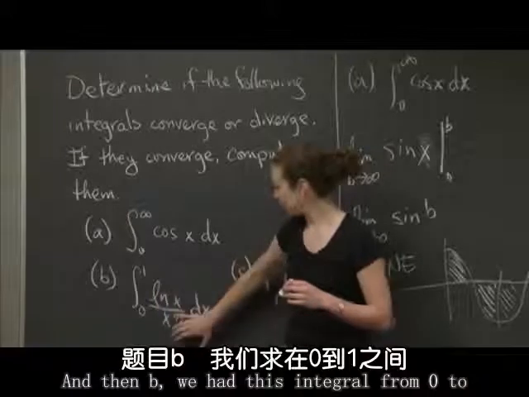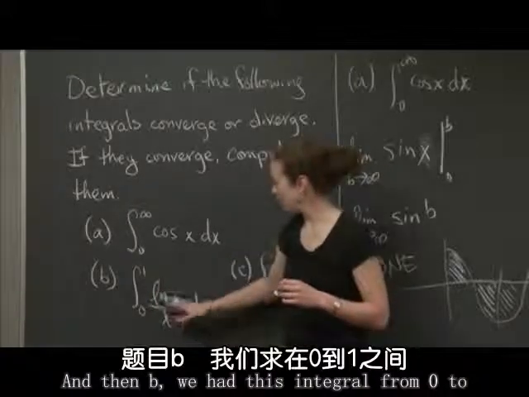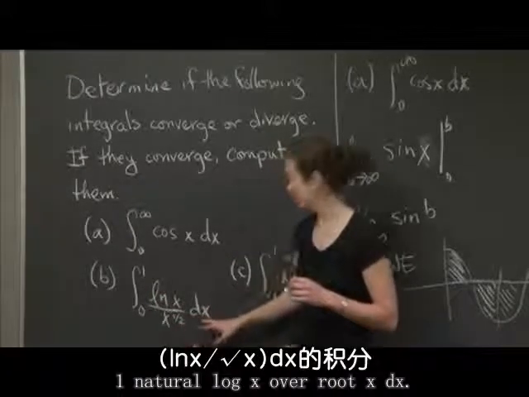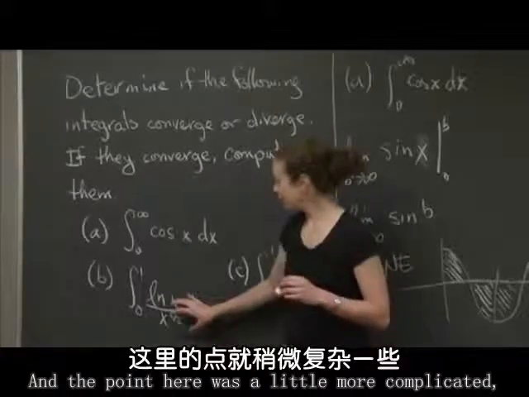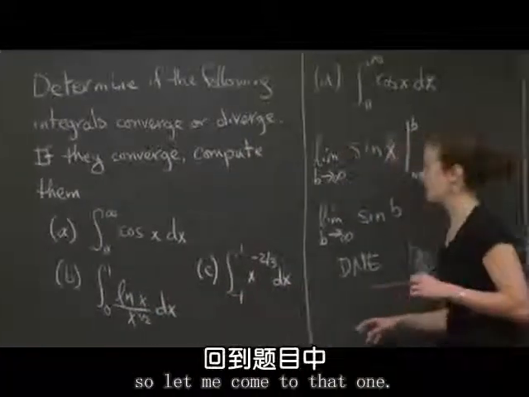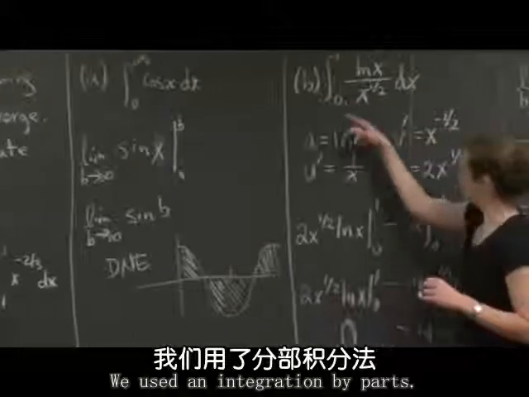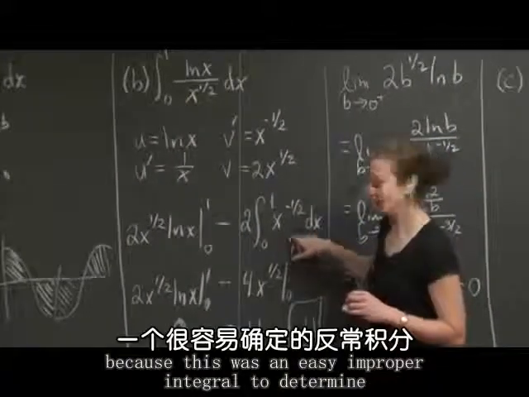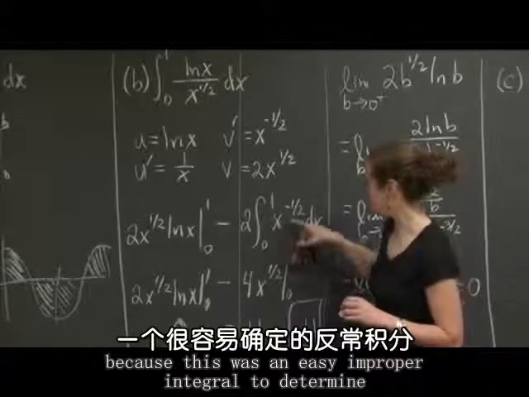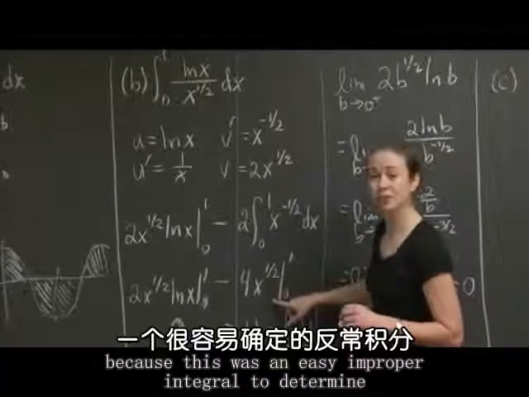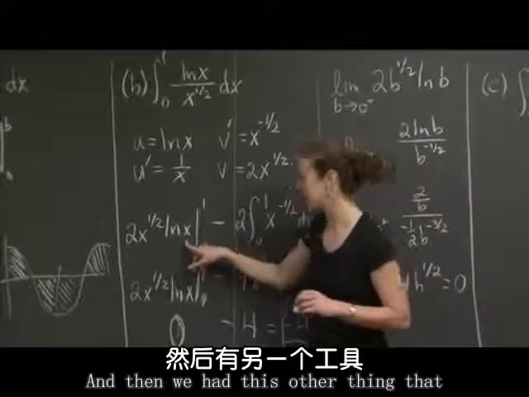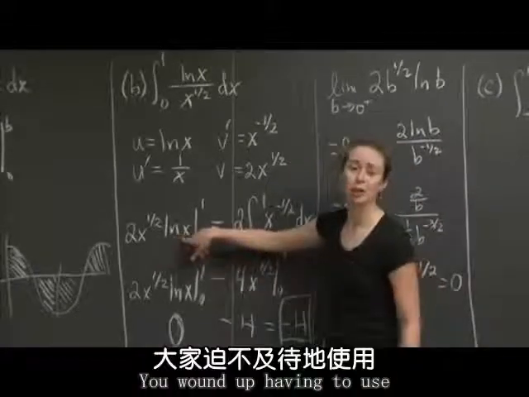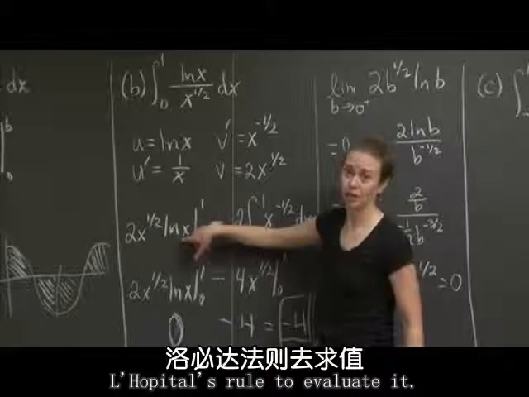And then b, we had this integral from 0 to 1, natural log x over root x dx. And the point here was a little more complicated, so let me come to that one. We used an integration by parts. We had an integral that converged easily because this was an easy improper integral to determine. And then we had this other thing that we now had to evaluate, and you wound up having to use L'Hopital's rule to evaluate it.